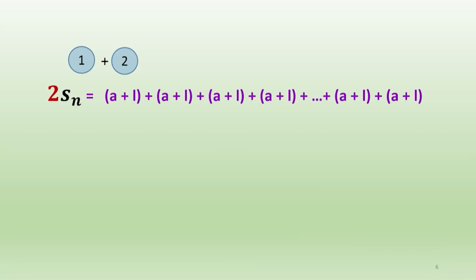When you add the first term, which is in the first equation, and the last term in the second equation, some terms cancel and you have a plus l.